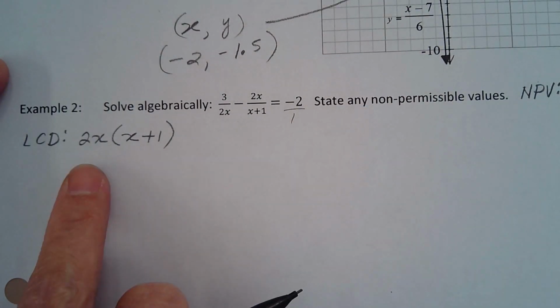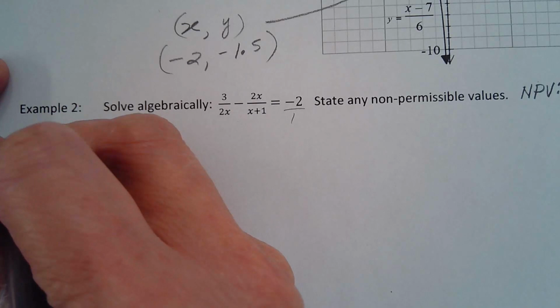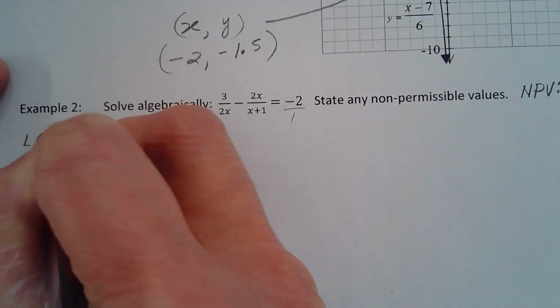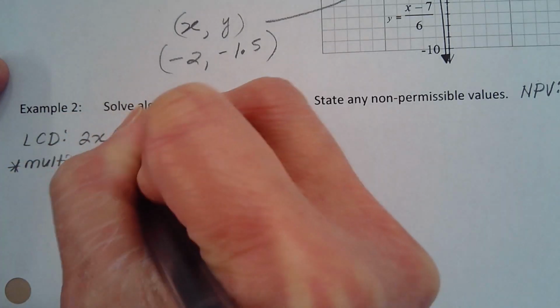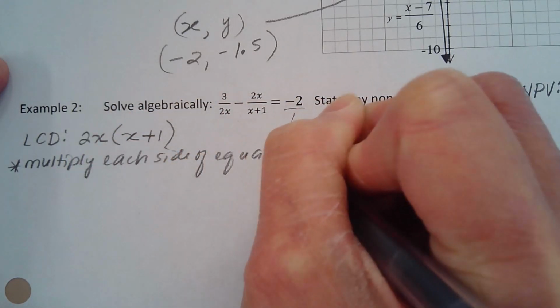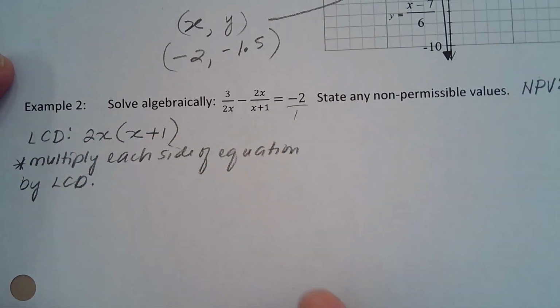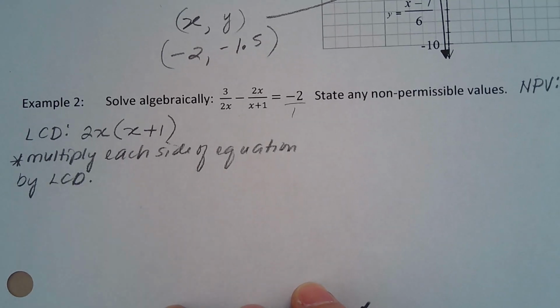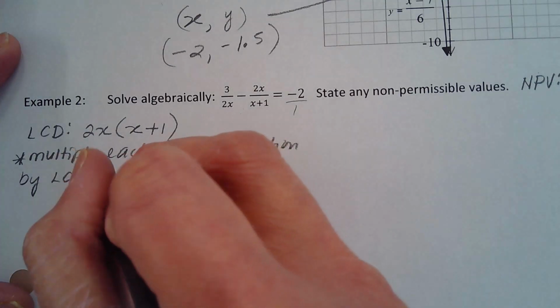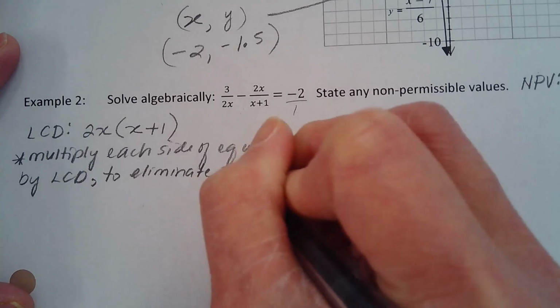So what we're going to do is multiply each side of the equation by the lowest common denominator. And what it accomplishes by doing that is getting rid of the denominator, to eliminate the denominator.